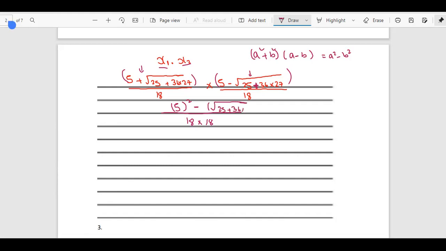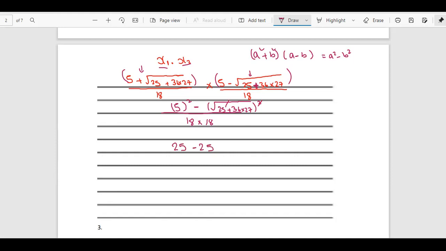Okay, now you guys have to be very careful. Never ever waste your time in finding out the product of 25 and 36 and 27, because NET is designed in such a way that you guys can do it without calculator. Now you'll see how I am able to do it without calculator. I can cross out this under root, so I will have 5 square, 25, minus 25.